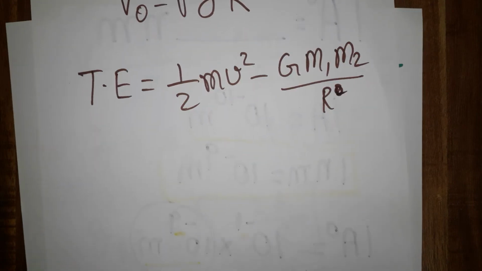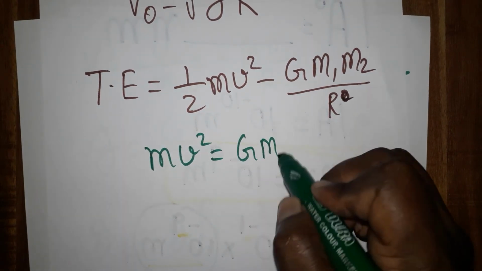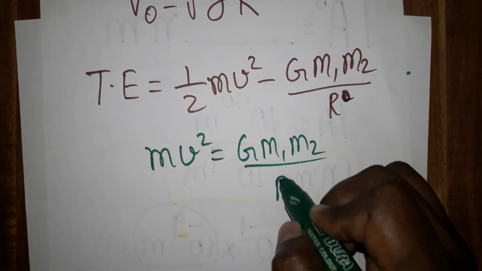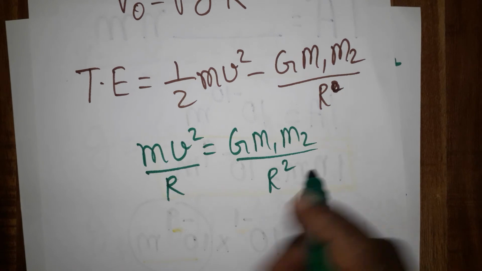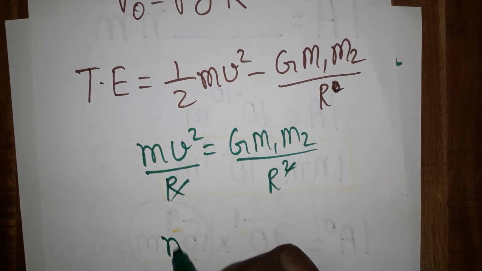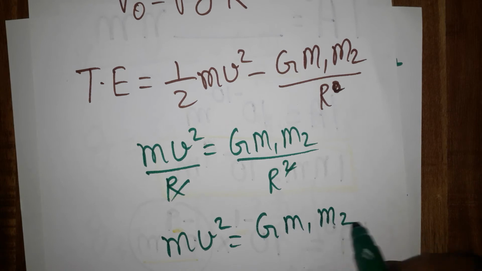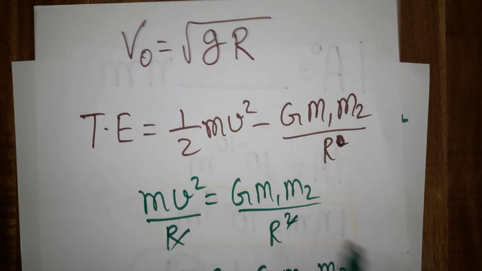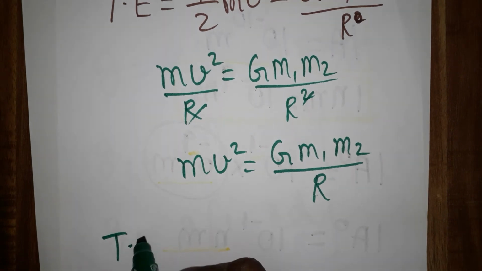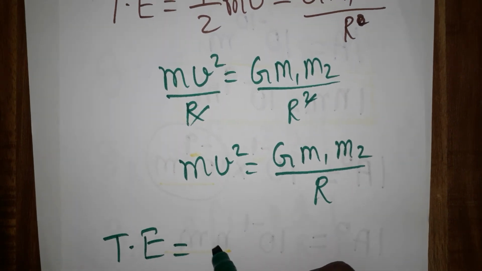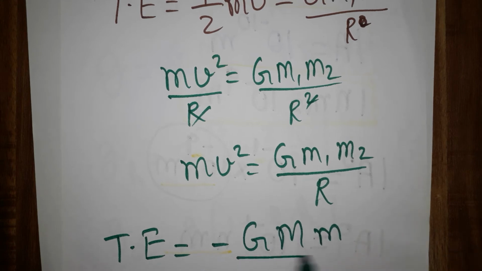You can make centripetal force equal to gravitational force: mv square by r is equal to G times m1 m2 divided by r square. r will get cancelled, so mv square is G times m1 m2 divided by r. If you substitute this, you will get the total energy, which is minus G m1 m2 divided by 2r.